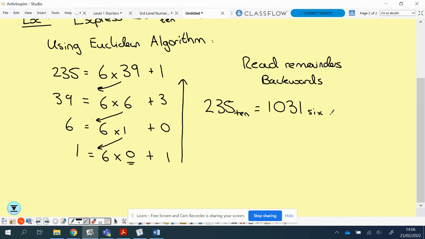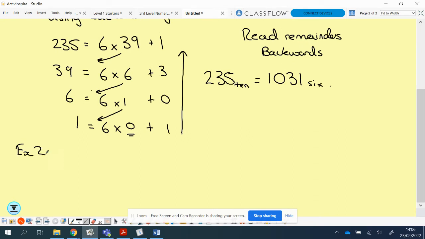That's what 235 would be written like in base 6. A couple of key things to notice: you stop when you can fit no more of the base you're trying to fit into it, and you read your remainders in backwards order to get it. You okay with that as a first example? Right, okay, I'll show the second one.